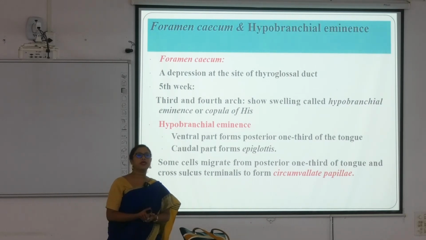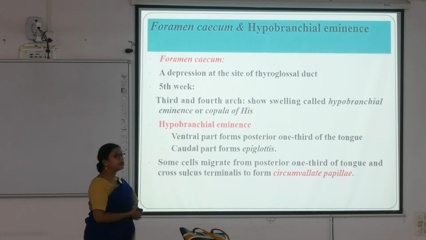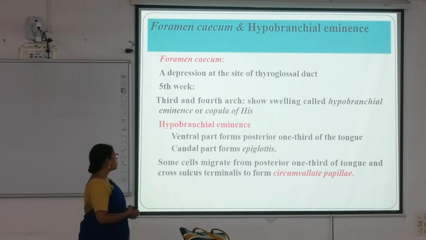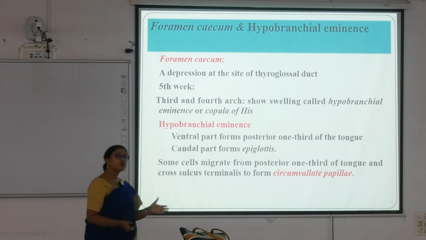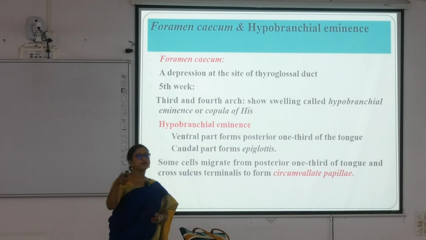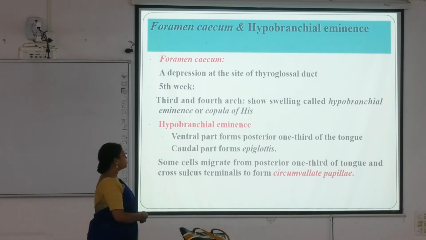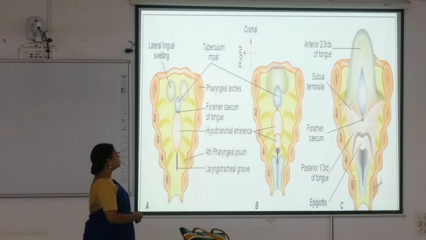They are saying there are some cells which are migrating from the hypobranchial eminence. It will also cross the sulcus terminalis. The V-shaped sulcus terminalis, crossing it, where will it go? It will give origin to the circumvallate papilla. It may also come as an MCQ. Okay, it has a separate origin.